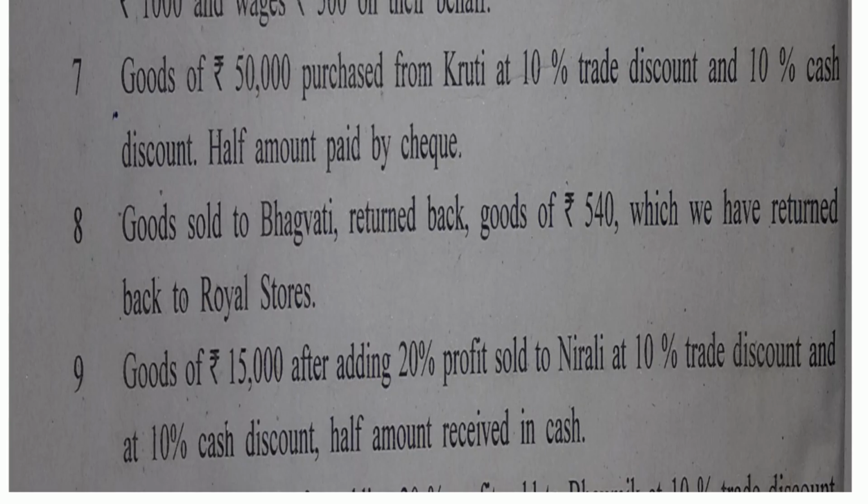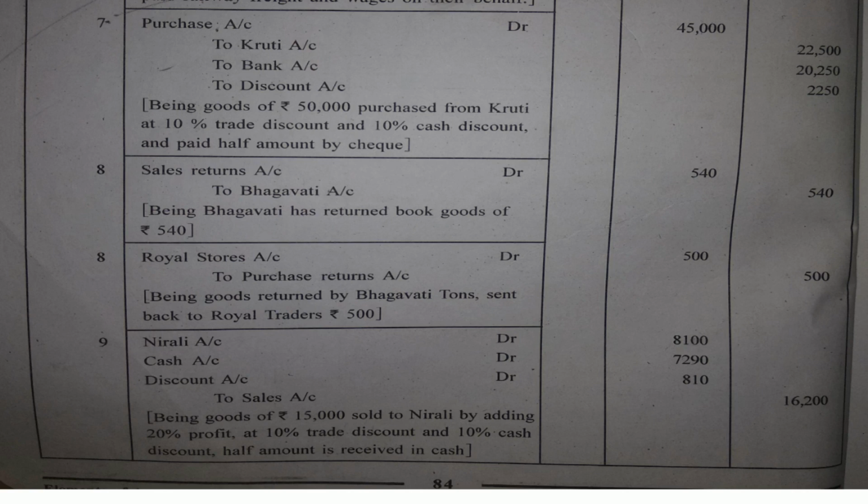Because it is clearly written in the question that 10% cash discount is available. Cash discount is available on cash payment or payment by bank. So purchase account debit 45,000, 50,000 minus 5,000. To Kruti account, the half of 45,000 which is not paid and she becomes my creditor, 22,500.